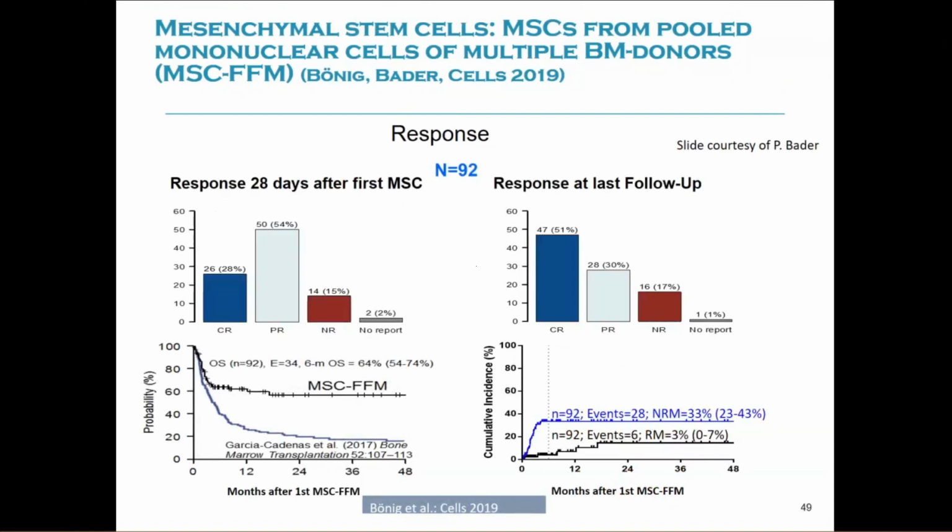Bönig and Bader published the use of MSCs from pooled mononuclear cells of multiple bone marrow donors, the so-called MSC-FFM, the Frankfurt MSCs, and they could show an overall response rate at day 28 of 82%, and the duration of response at the last follow-up with 51% complete response and 30% partial response.